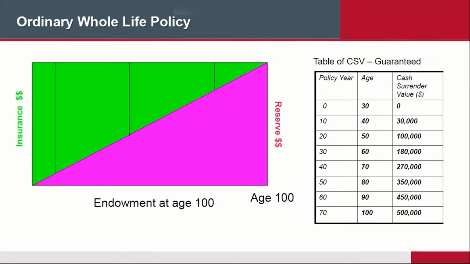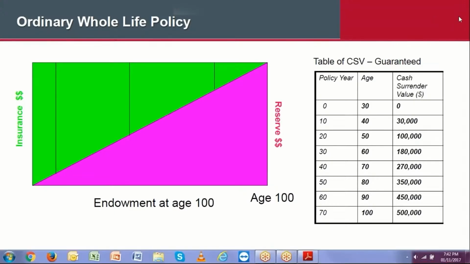Okay. So with whole life insurance, which is a very common type of product, what you've got, essentially, is permanent insurance, like the term to 100. And the name whole life is really important because it means that you're paying a premium for the whole of your life.